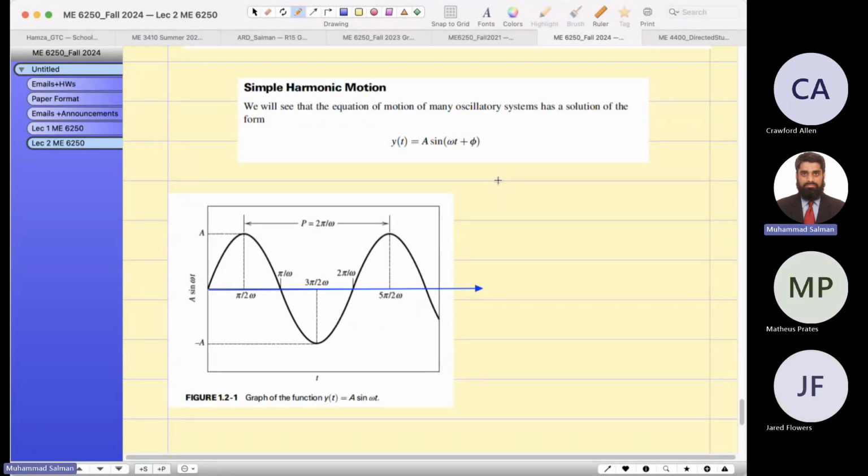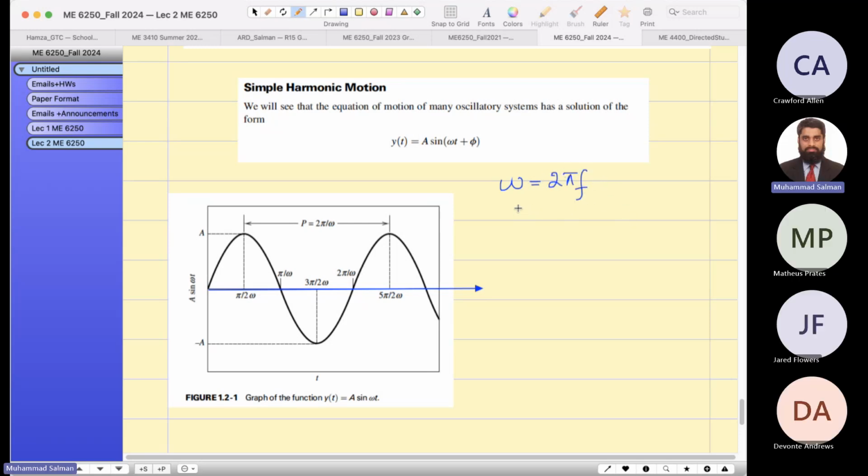So you see omega equals 2 pi f, and f is the cycles per second, how many cycles per second.